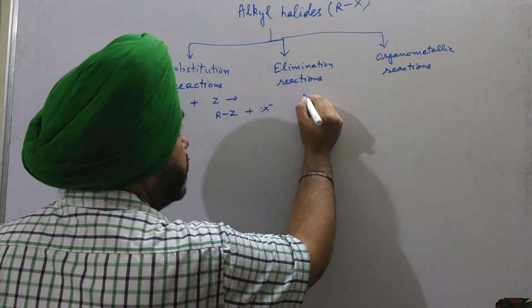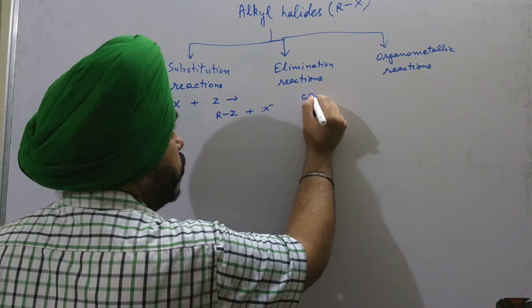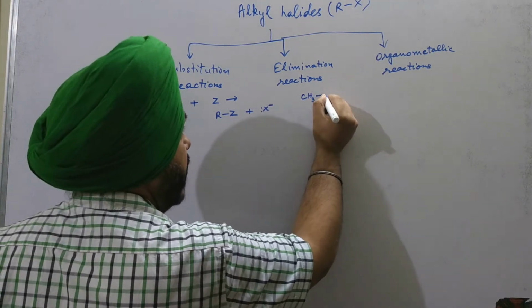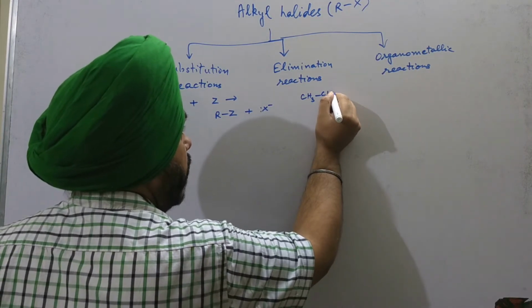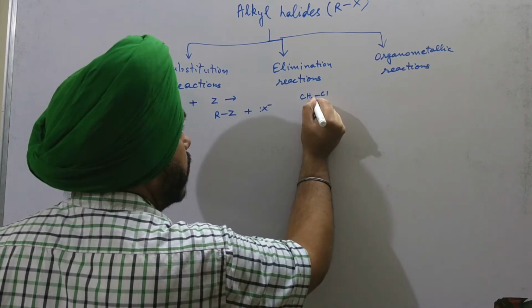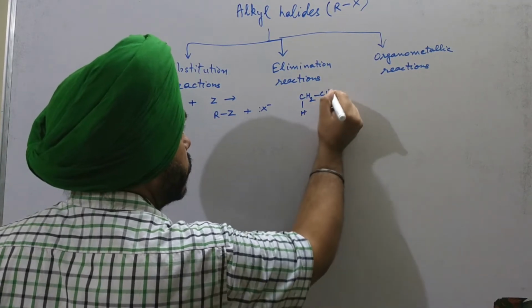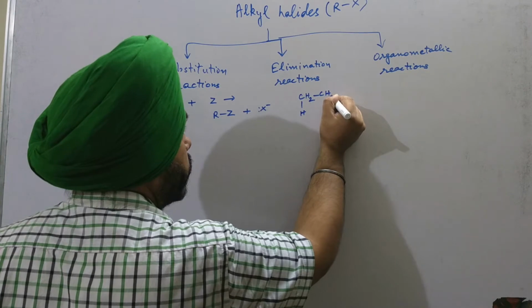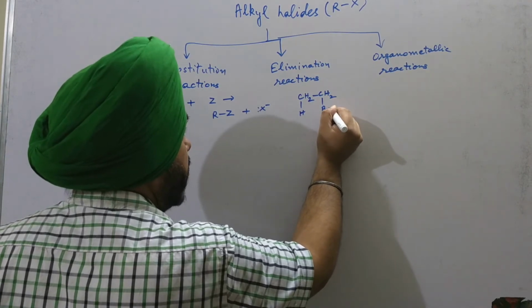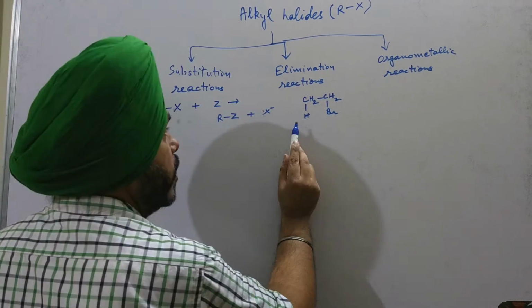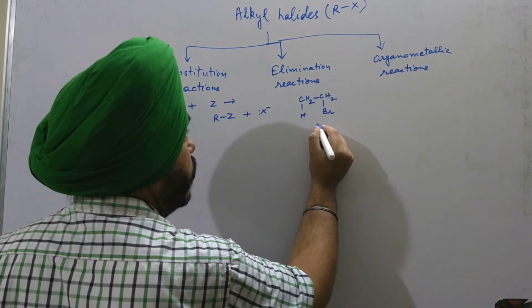Elimination reactions are like this. Here we will take the example of a particular alkyl group. In this kind of reaction, hydrogen and bromine eliminate.